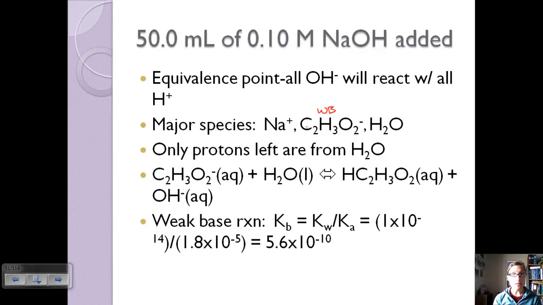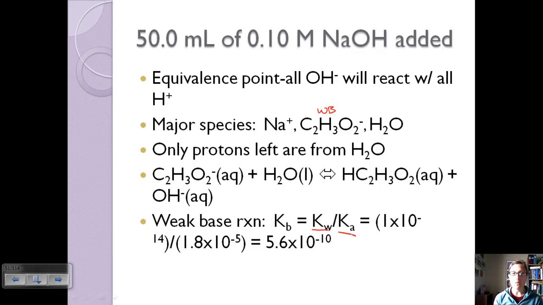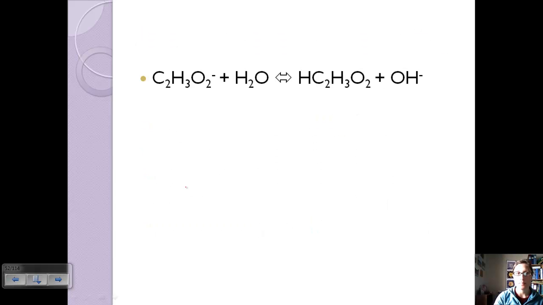And so this becomes a weak base reaction if you think back to when we did the salts. And so we need the Kb value, and we get that by taking our Kw over the Ka for that acid, and this gives us the Kb for our C2H3O2 minus. Okay, so now if we take a look at this, we can do our ICE.